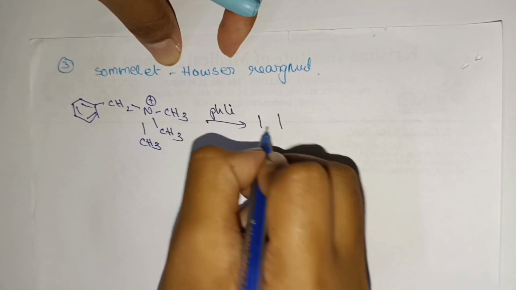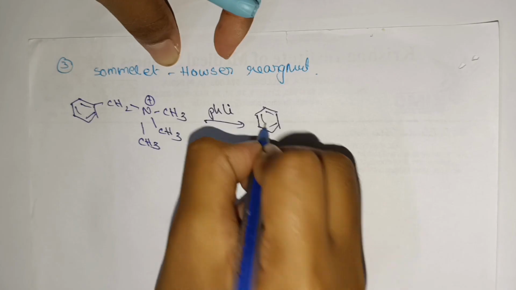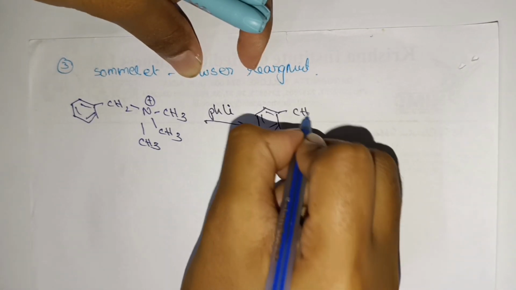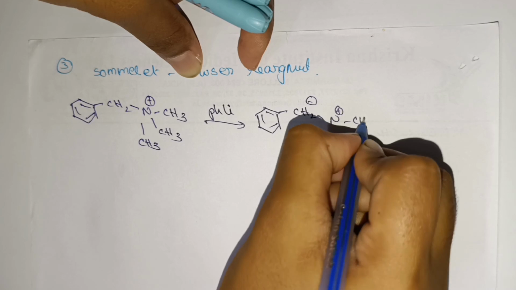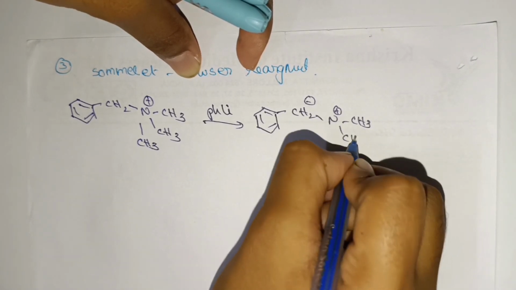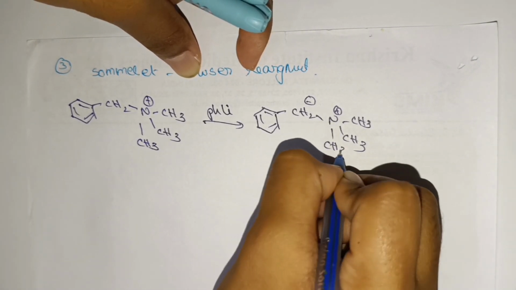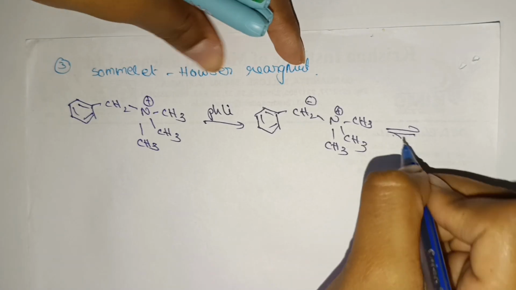It reacts with phenyl lithium. It forms like this, CH2 negative charge, CH3, CH3, CH3.